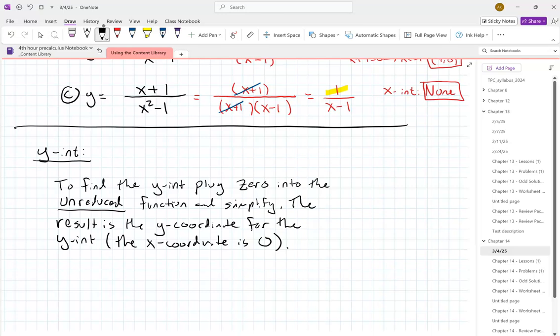The result is going to be the y-coordinate for that y-intercept, and the x-coordinate is just going to be 0.